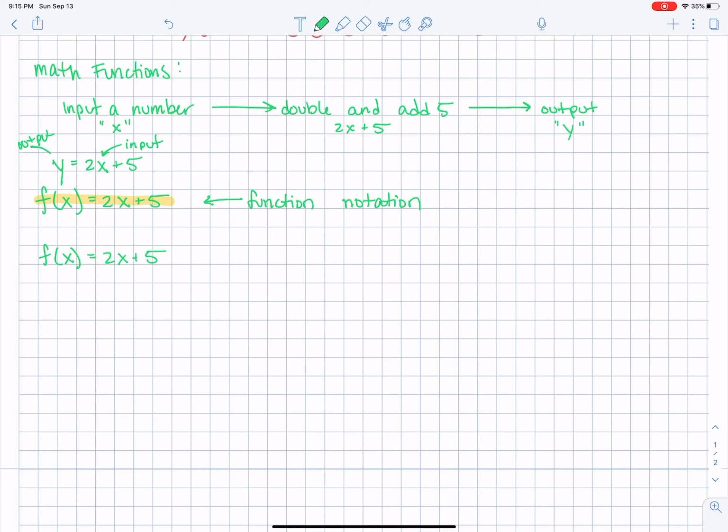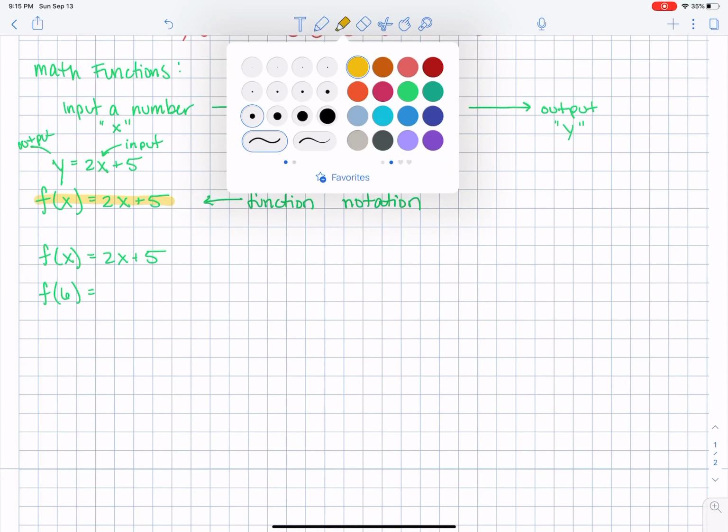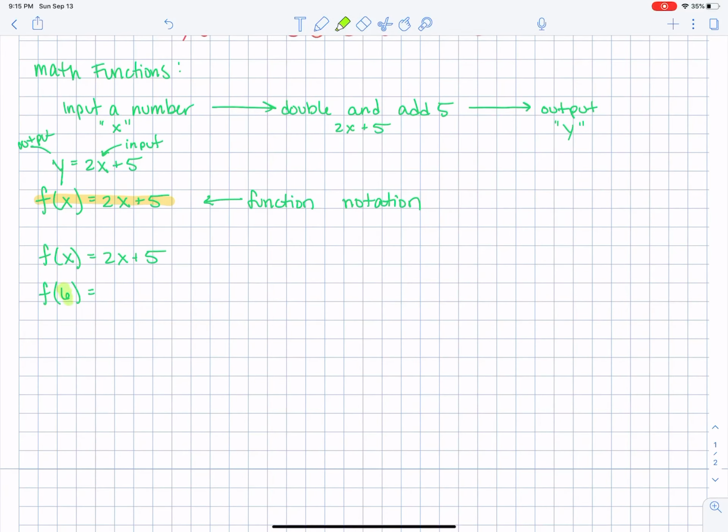We might say something like f of 6. Whatever is inside your parentheses, you replace it with your x there. So we're going to say 2 times 6 plus 5. You can do this in your head: 2 times 6 is 12, 12 plus 5 is 17.